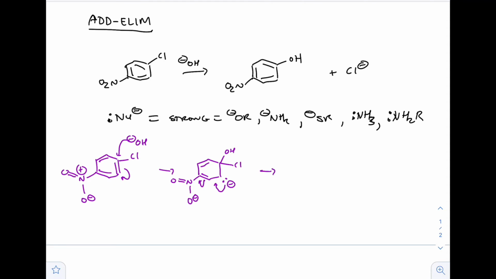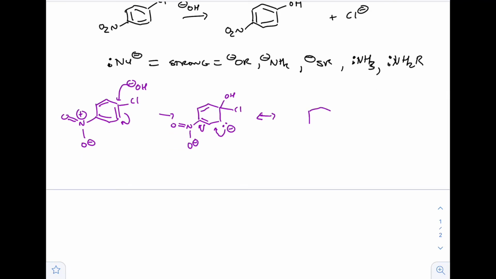So as you can see, the negative charge is on the ortho position right now. I had to redraw those arrows for you. Let's place that negative charge directly next to that nitrogen, because remember that the nitrogen in the nitro group is positively charged. Sorry, I missed it on the first one or the second one.